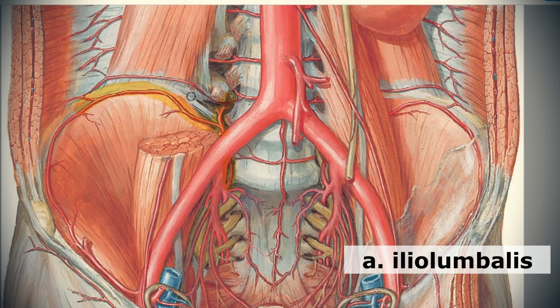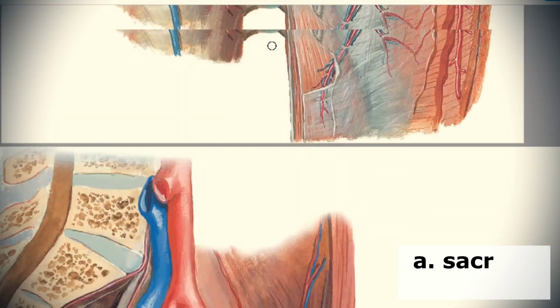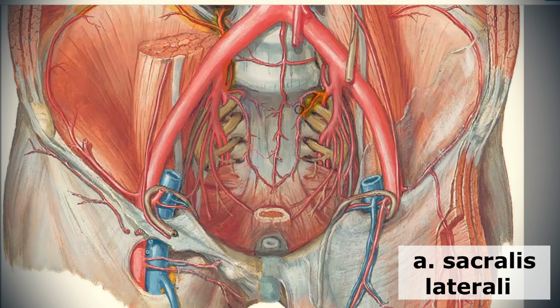So iliac branch supplies musculus iliacus and muscles that attach to iliac crest, ramus lumbalis will supply these muscles above iliac bone. Arteria sacralis lateralis. Lateral sacral artery goes here, left and right, and makes anastomosis with middle sacral artery and supplies like posterior wall of pelvis.